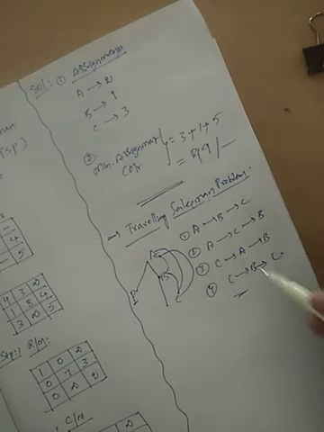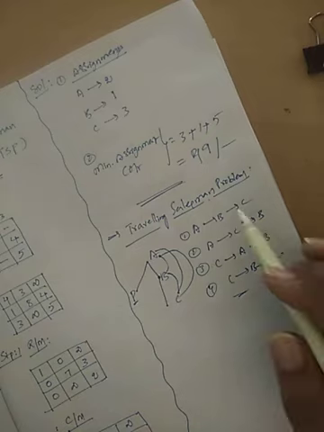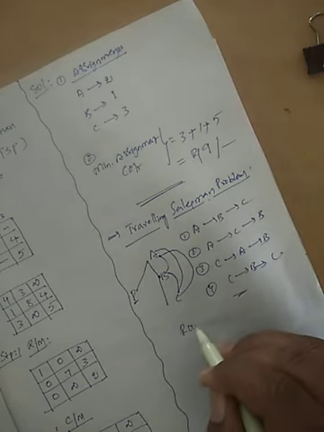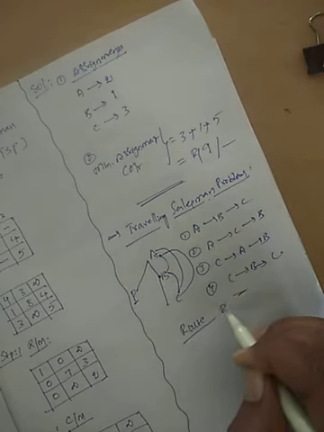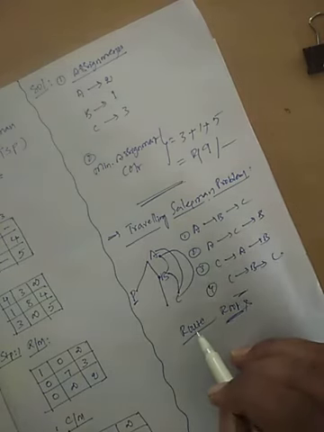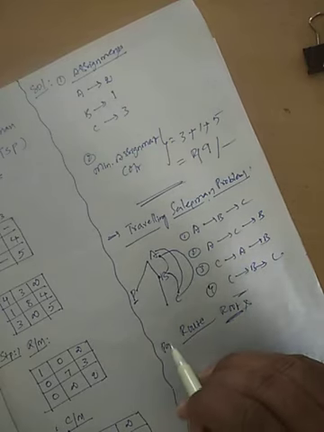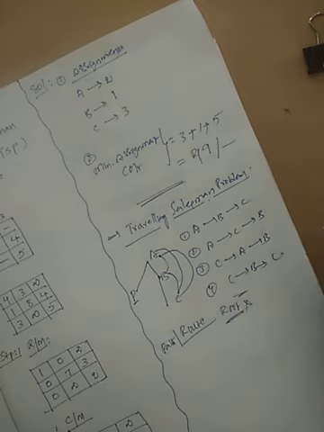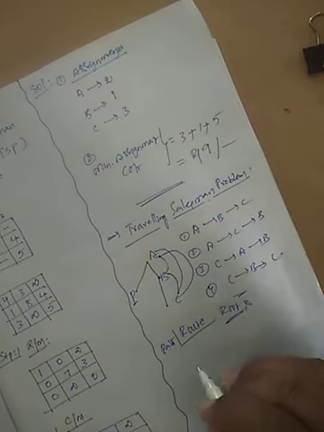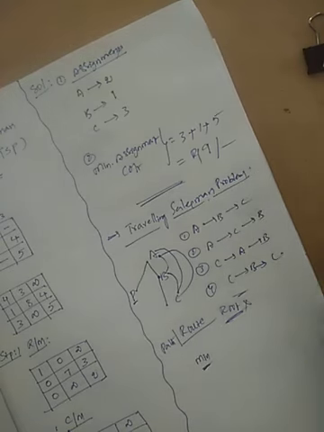In all these combinations, the traveling salesman problem provides a solution. What is the best route? What is the spelling? Route, not root. So this route means path. What is the best route or the best path for the salesman, which minimizes, what is the objective?